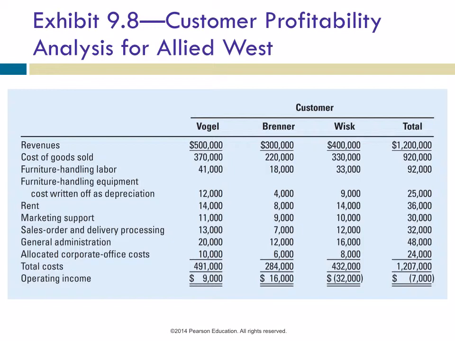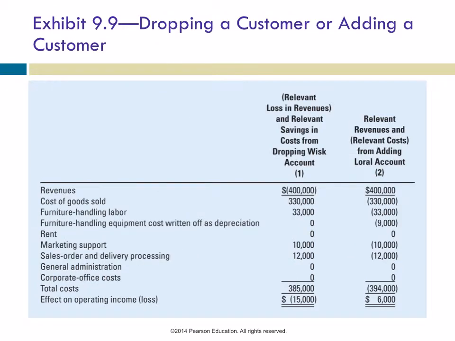So here is a look at some customer profitability for Allied West. You can see the relevant effect that each one has on operating income. And here is again a look at just some options that you have here.